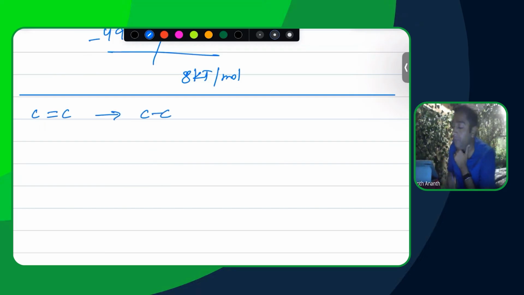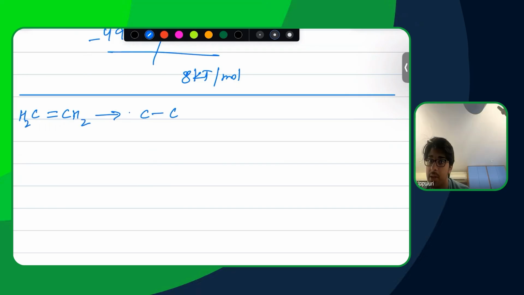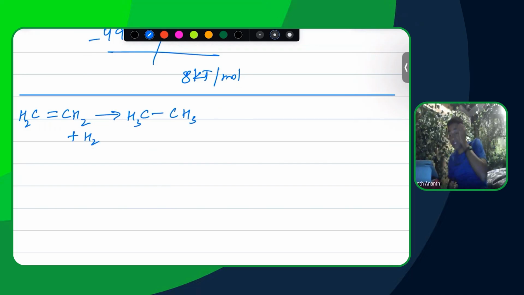I'm going to tell you that I'm going to convert it to a carbon single bond carbon. So what's happening really? Bond breaking. What is exactly happening?